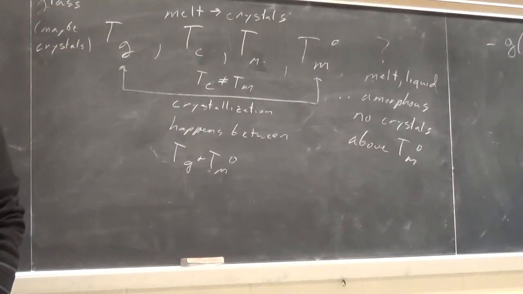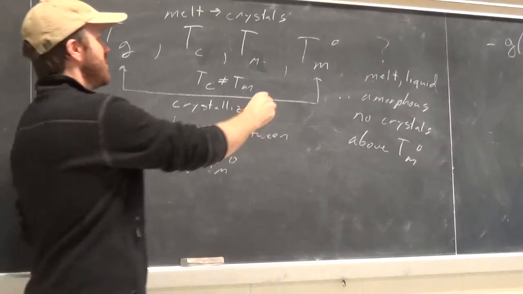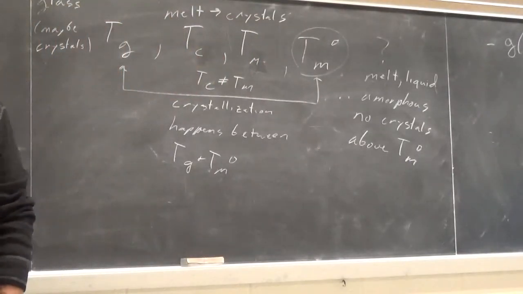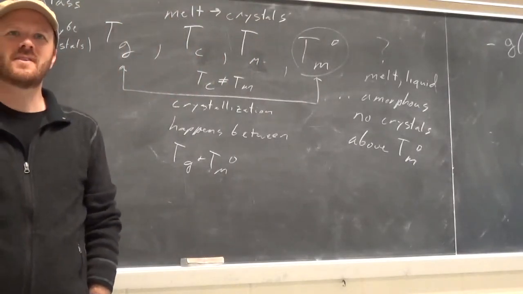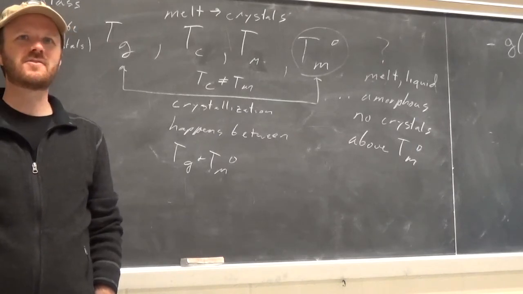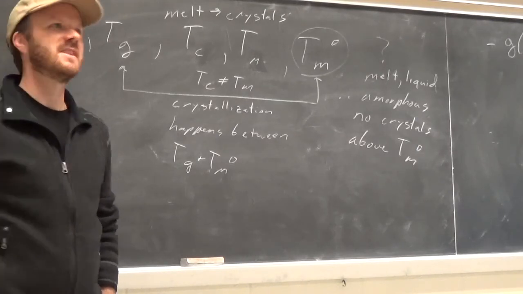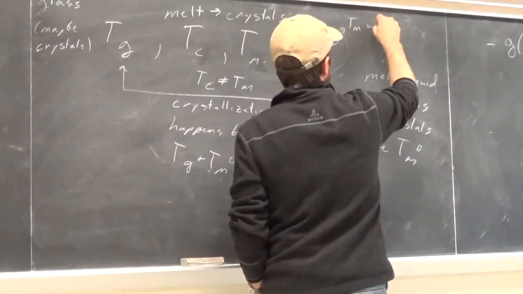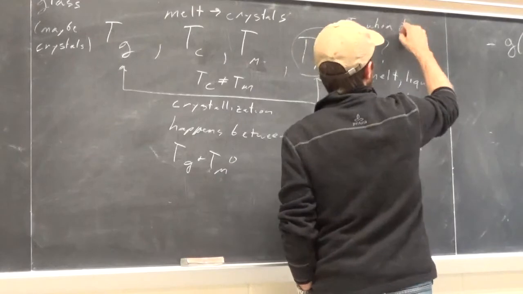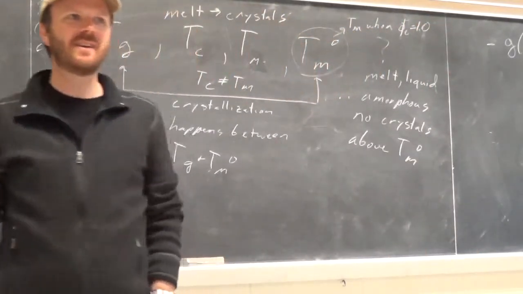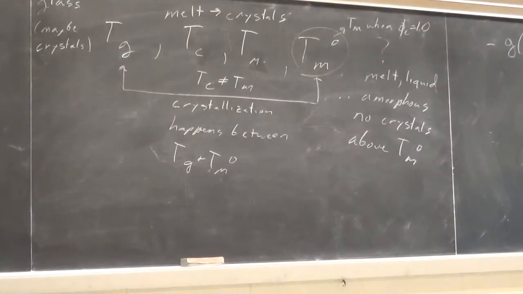Yes? Can you explain the difference between TM and TM0? What is the difference? So what is TM0 all about? That's the melting point of the polymer when what is true? 100%. That's right. So this is TM0 when the crystalline phase is 1.0. Does that ever happen in the real world?